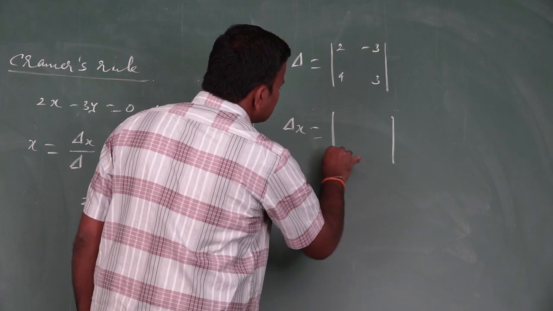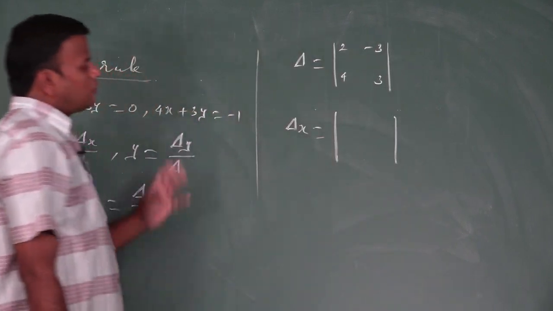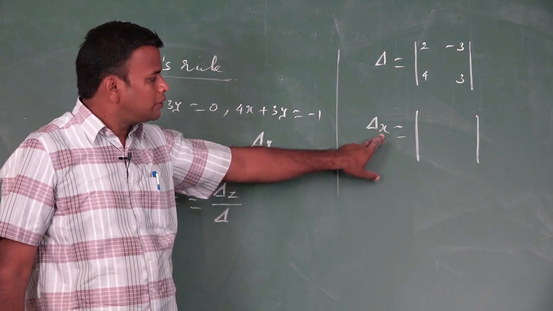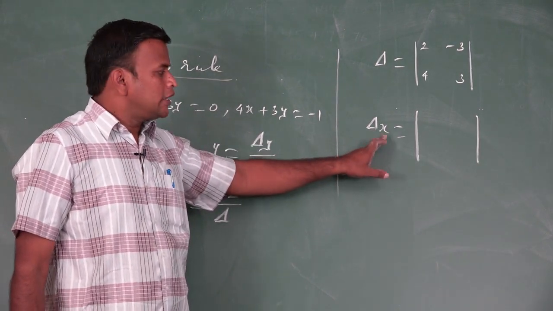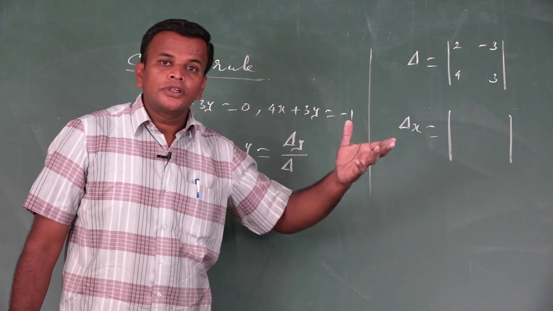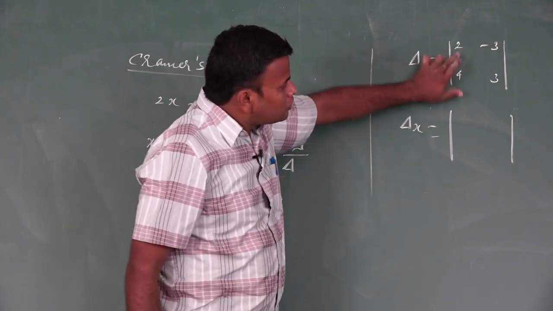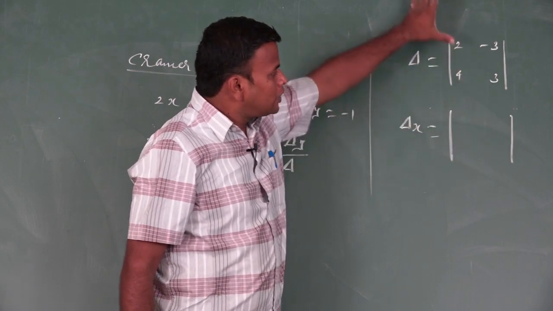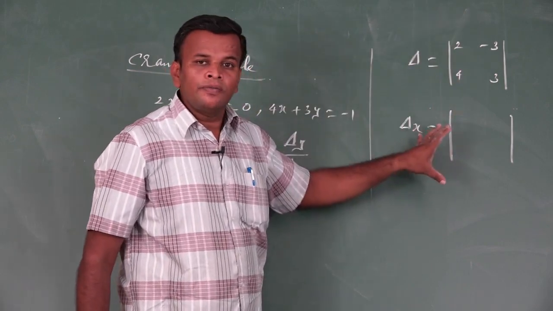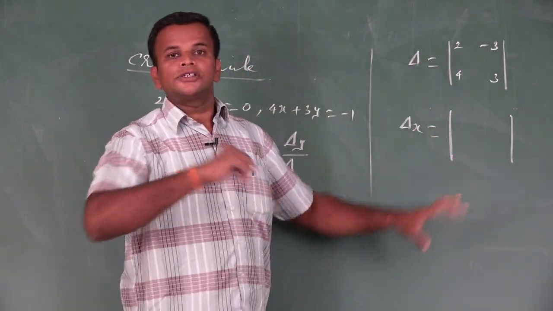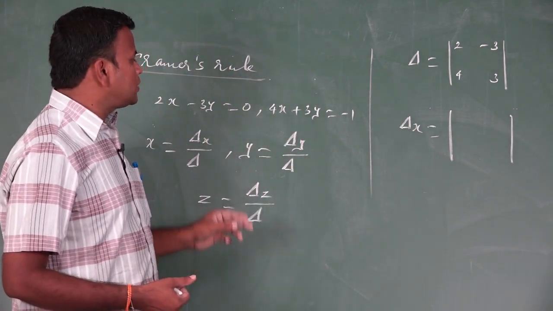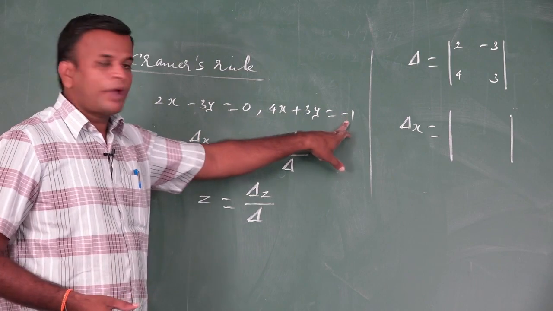Del x is also a determinant. To find del x, you see the variable is x. So in del x, we leave out the coefficient of x column, which is the coefficient of x in both equations, and we enter the RHS values. That is called del x. What are the RHS values in the equations? 0 and minus 1.